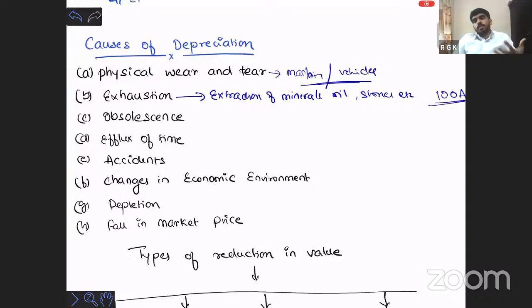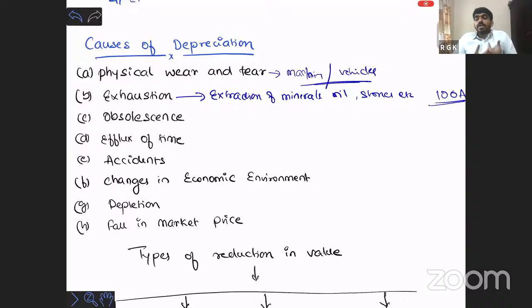Over the period of time, their intensity may go down, or some chemicals may lose their value, so depletion will happen. Even buildings, over the period of time, the value may be reduced whether you use them or not. Land's value always increases, but a building's value may reduce. Even in the case of iron ore, yes, that is correct. Okay, so all those points.